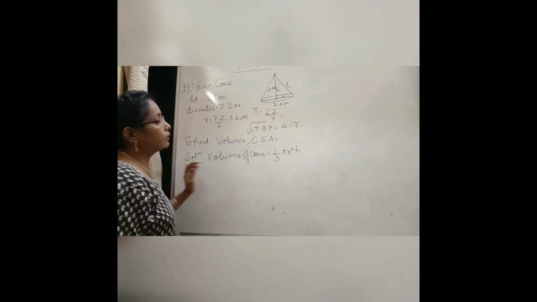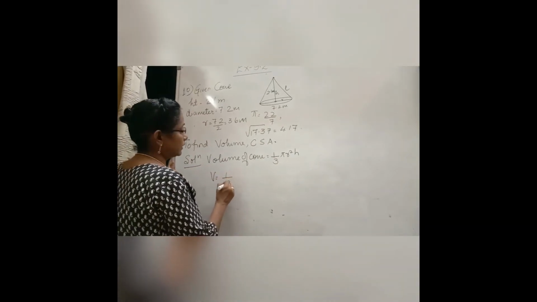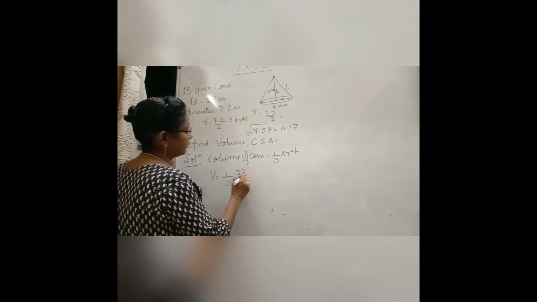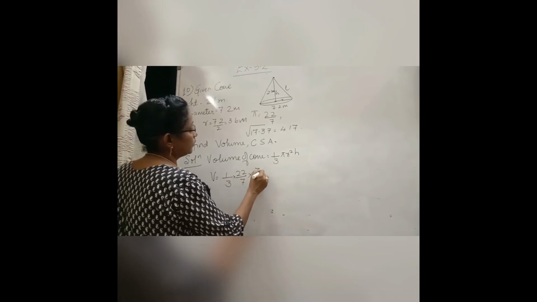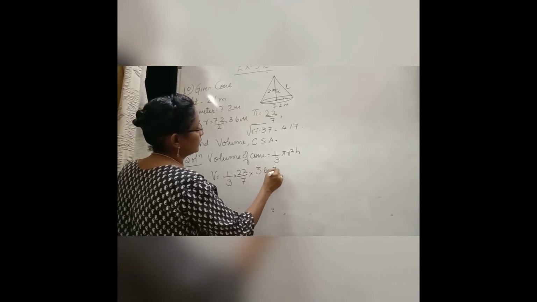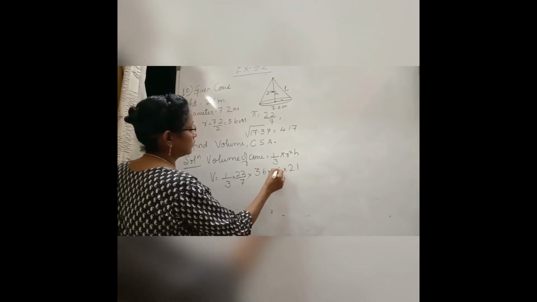We have the value of r and h also, so V is equal to 1 by 3 into 22 by 7 into 3.6 into 3.6 multiplied by 2.1.